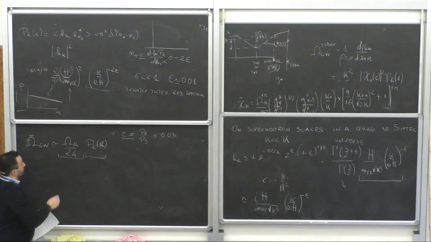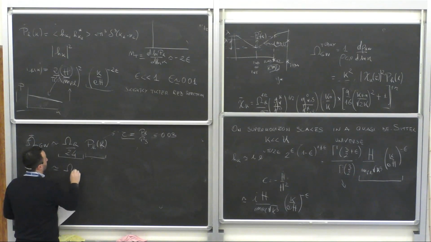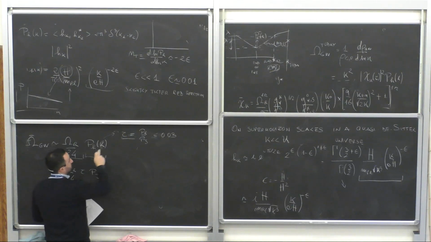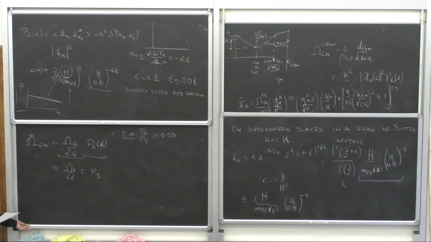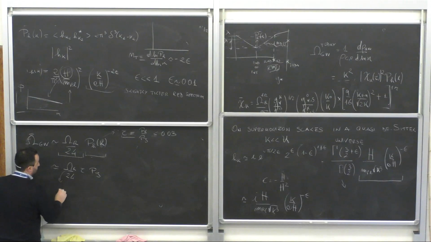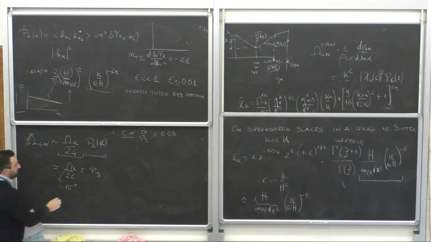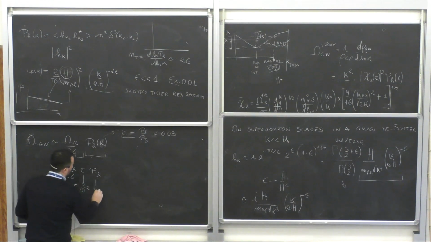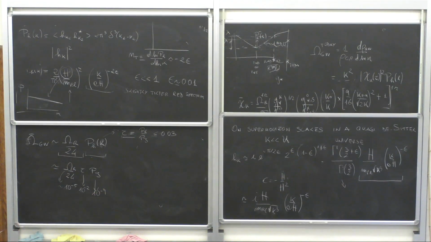So what I can do, I can rewrite my equation like this in terms of r times P_zeta, right? I just substitute P_h as r times P_zeta, okay? So these guys are of order 10 to minus 5, right? These guys are of order 10 to minus 2, and these guys are of order 10 to minus 9, as you know from CMB observation, right?